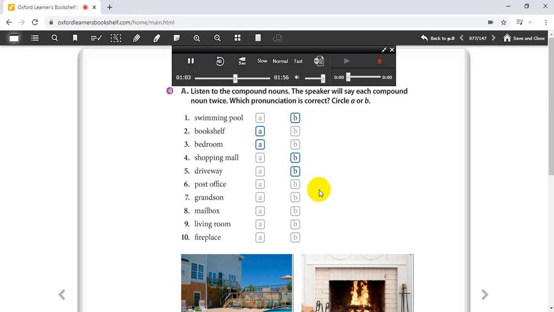A. Post office. B. Post office. 7. A. grandson, B. grandson, 8. A. Mailbox. B. Mailbox. 9. A. living room, B. living room, 10. A. Fireplace. B. Fireplace.